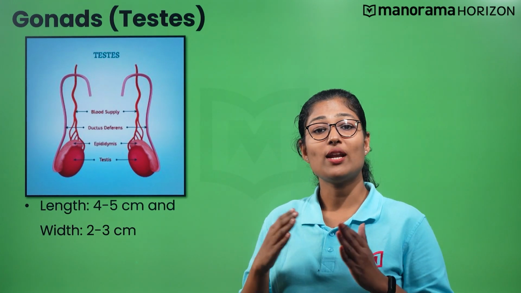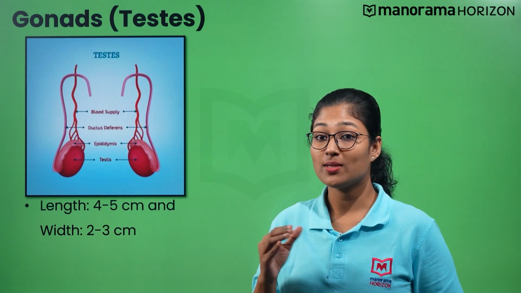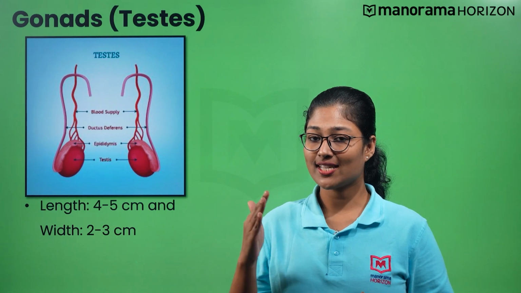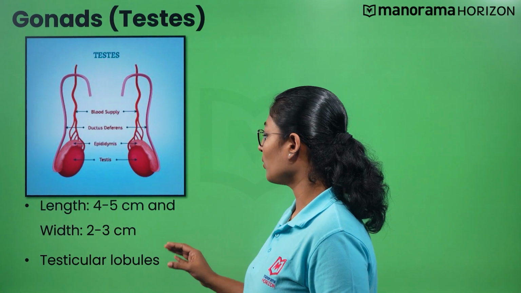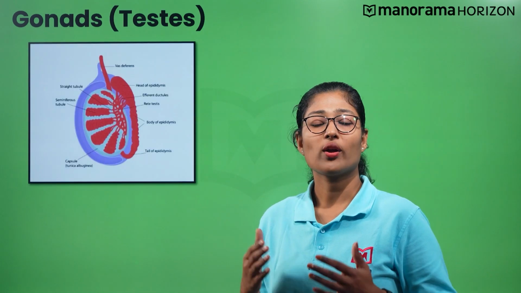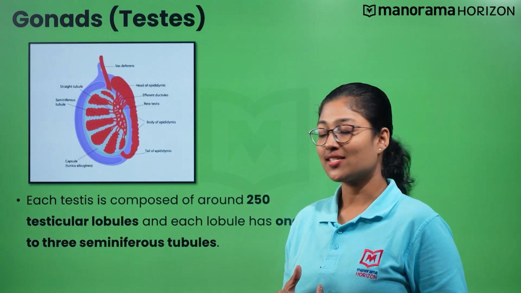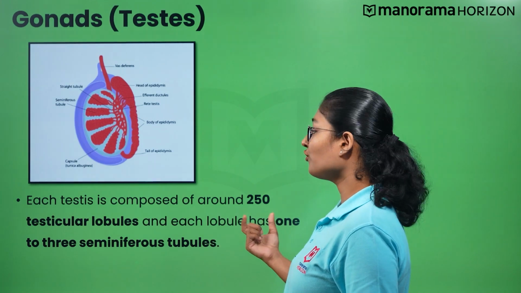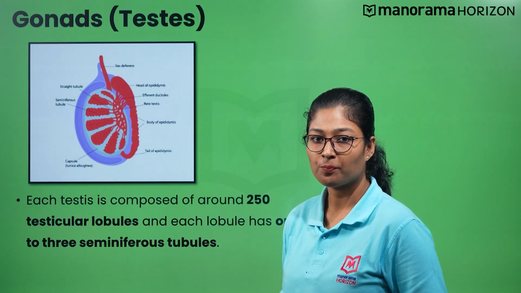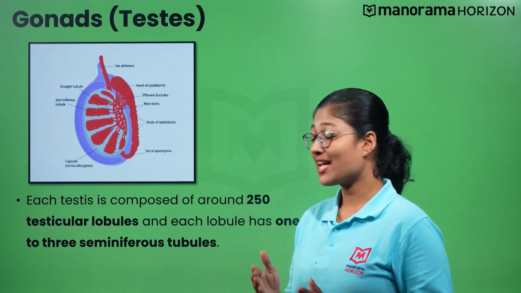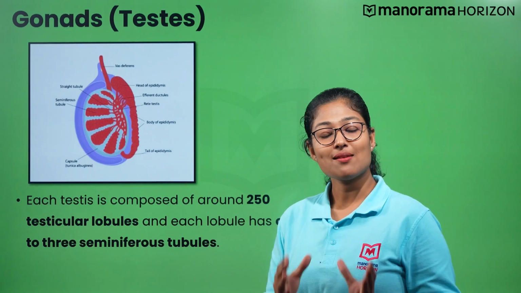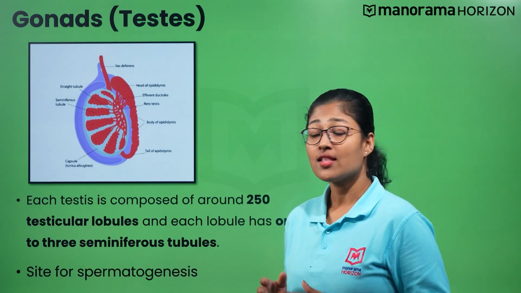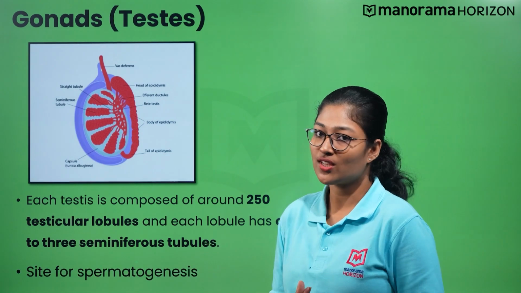The capsule extends inwards and forms septa that divide the testis into compartments called the testicular lobules. So internally, each testis is composed of around 250 testicular lobules, and each lobule has 1 to 3 seminiferous tubules. The seminiferous tubules are the site for spermatogenesis.